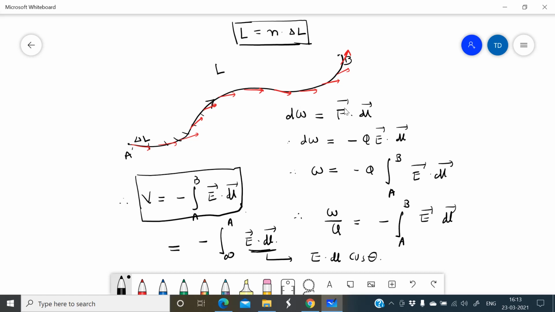The potential is maximum when theta is 0. So this is all about the electric potential.